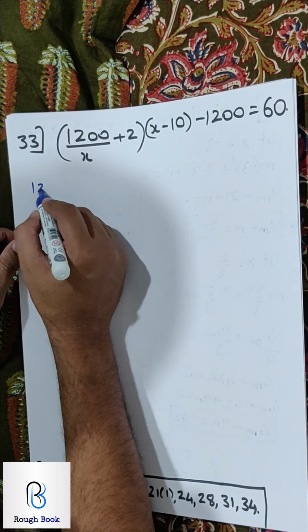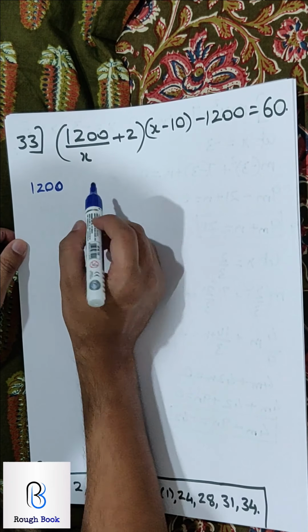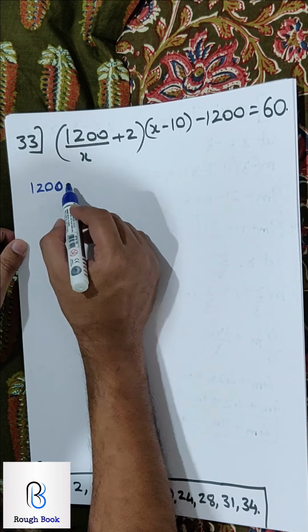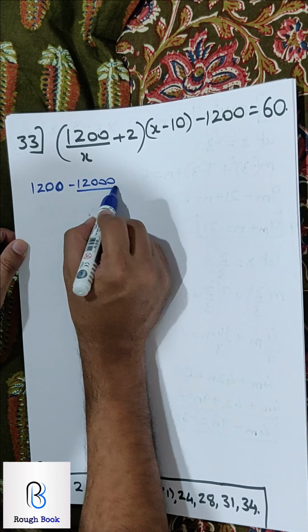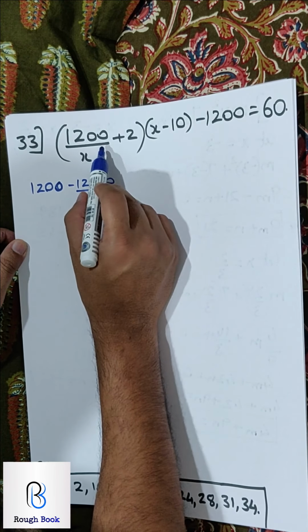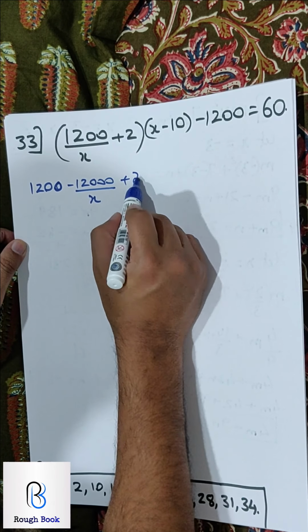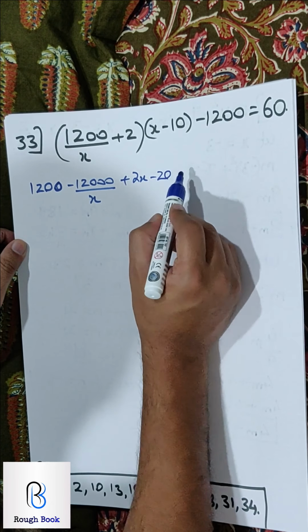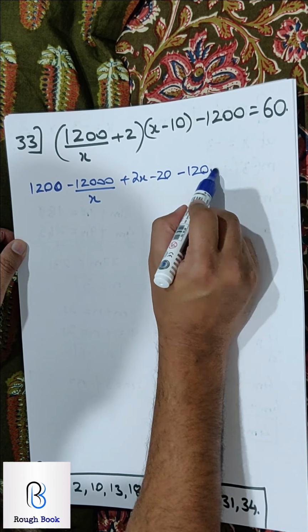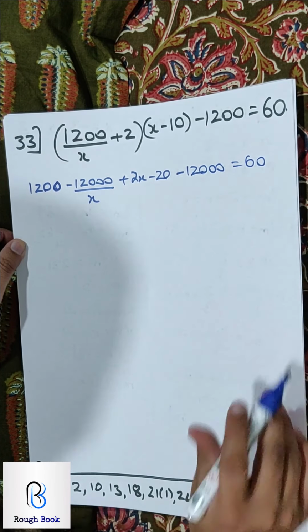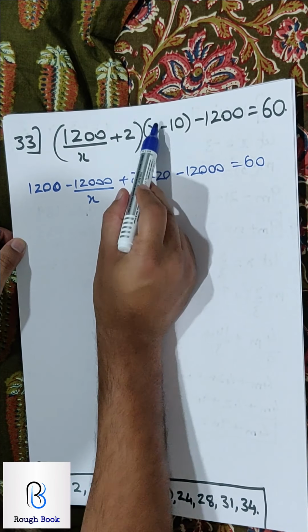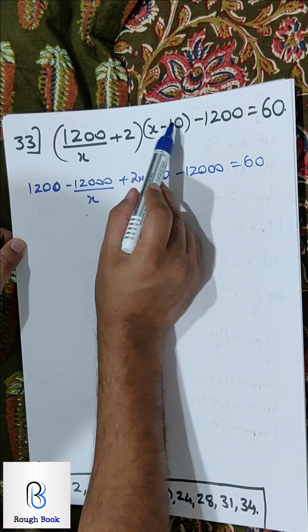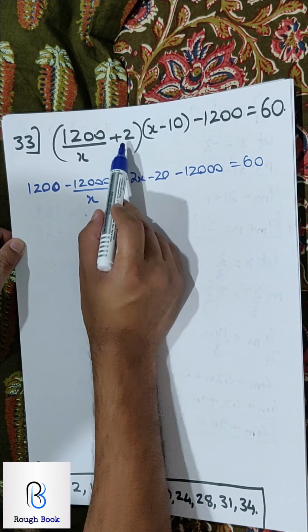1200 into x will give me 1200. Correct? X gets cancelled. 1200 into 10 will give me 12,000 by x. Then 2 into x will give me 2x minus 20 minus 1200 equals 60. Let's recheck. 1200 into x cancels. 1200 into 10, 12,000.